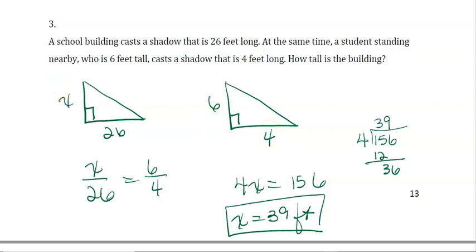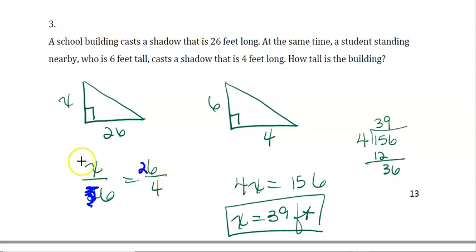Okay, once again, I've messed up these proportions, so I'm going to change this up. So you're going to make the changes while I do it in front of you here. So I'm going to say x is to 6. X is to 6, so get rid of this 2. 2's gone. Just like 26 is to 4.